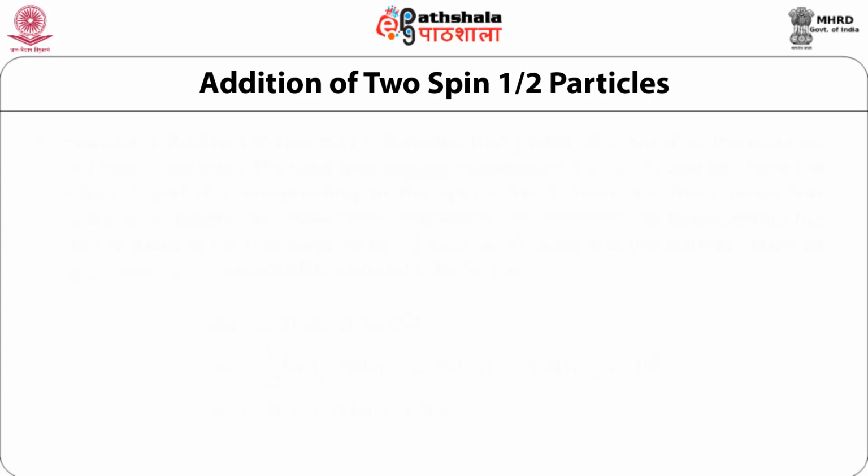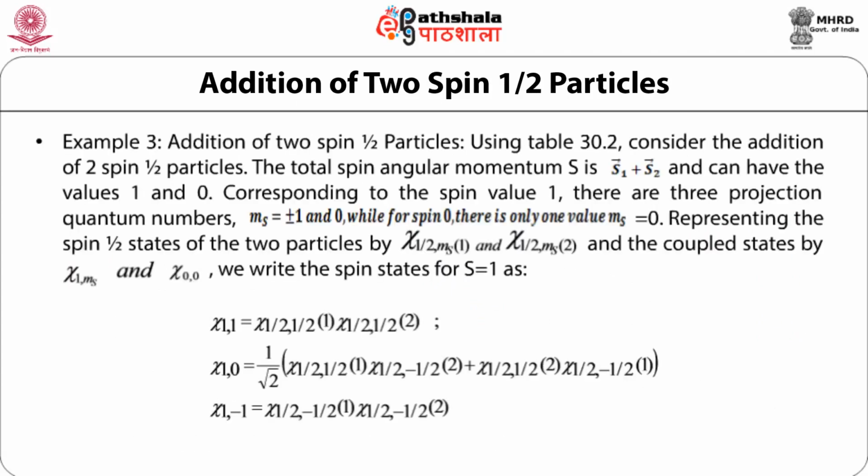Example 3. Addition of two spin half particles. Now again, using the tables for Clebsch-Gordan coefficients and considering the addition of two spin half particles, we see that the total spin angular momentum S is the summation of spin angular momentum vector S1 plus spin angular momentum vector S2 and can have the values 1 and 0.